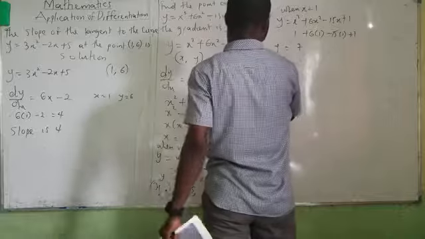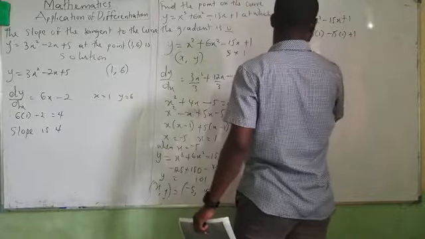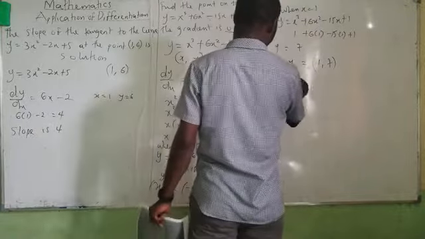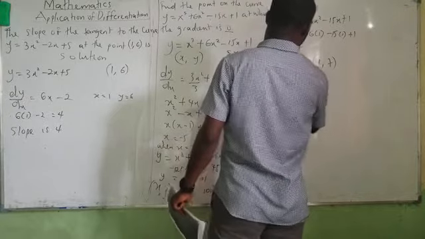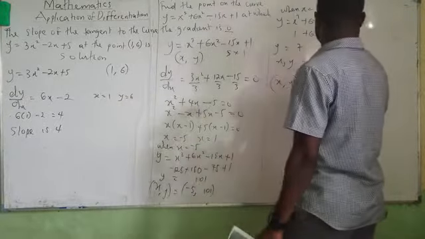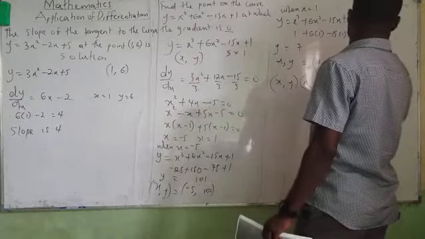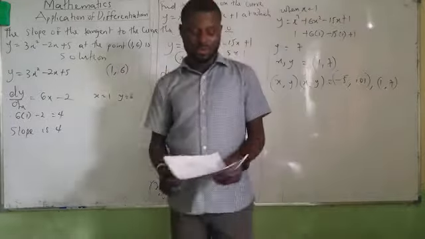Now it means x comma y equals 1 comma 7. Now the coordinates I'm talking about, x1 comma y1 and x2 comma y2 will be equal to minus 5 comma 101 and 1 comma 7. That is the coordinate.